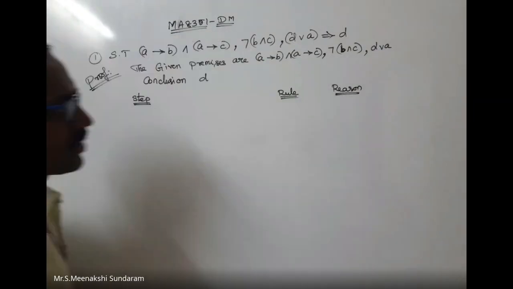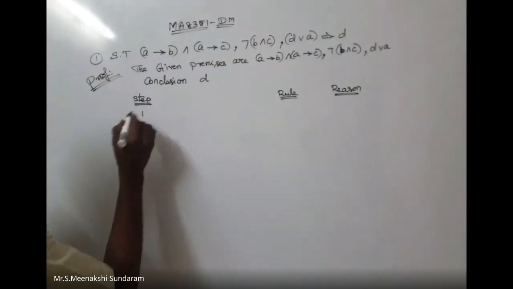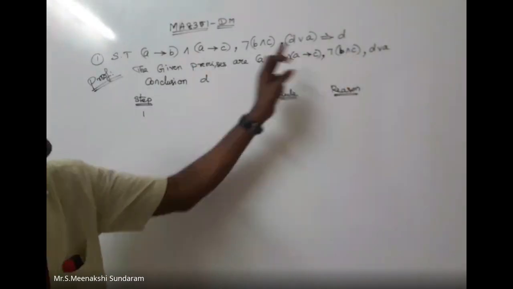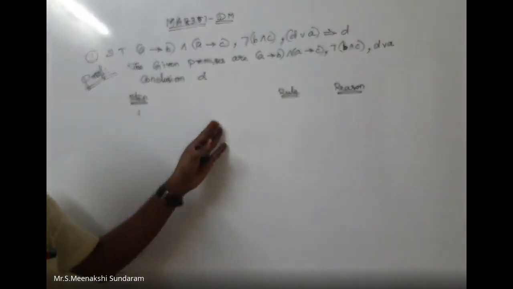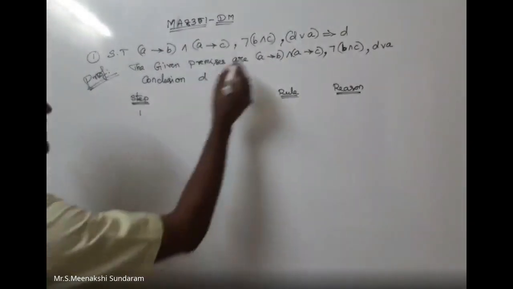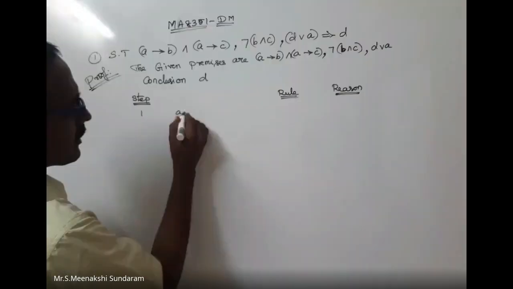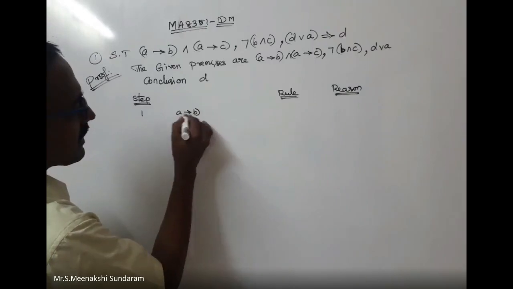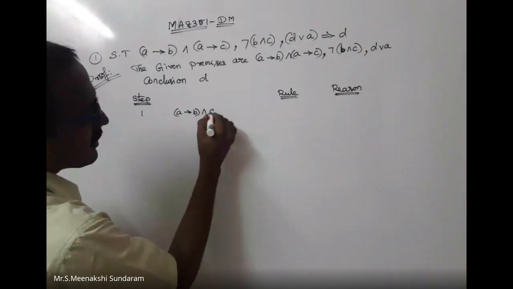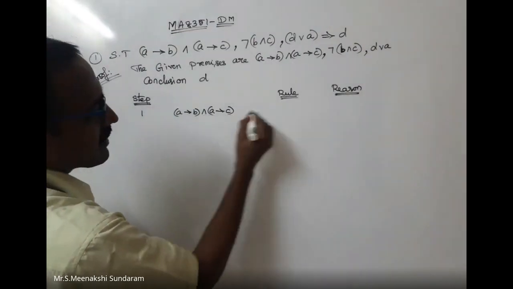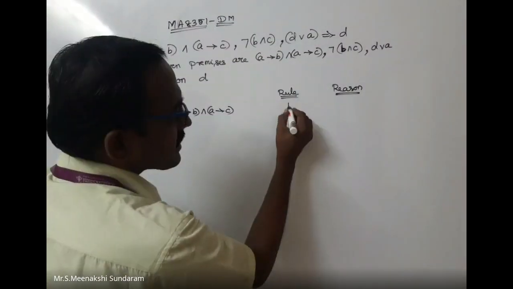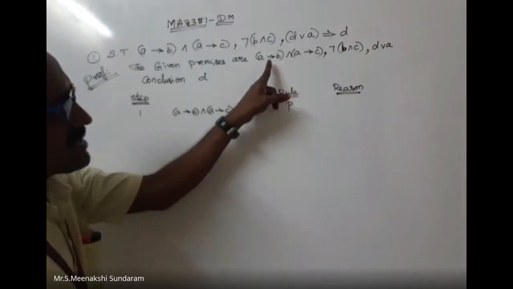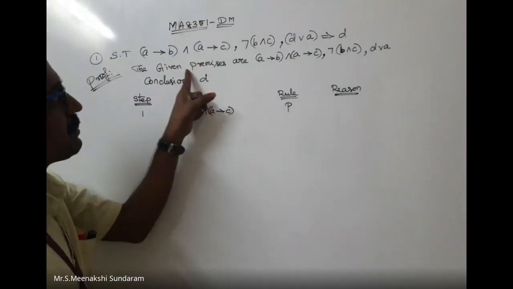What formula can I use for step 1? You can take any premise. Out of the 3, you can write anything, that is a given statement. I like to take the first one: A tends to B conjunction A conditional C. This is the question itself. Therefore the rule is P, introduce the premise. P is for premises.